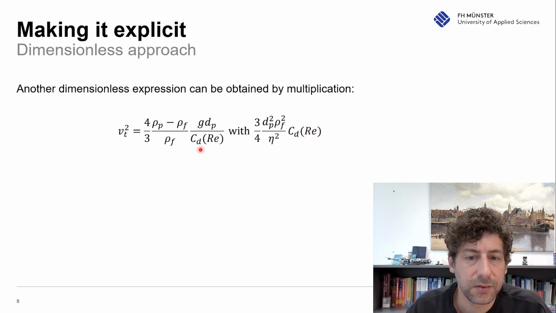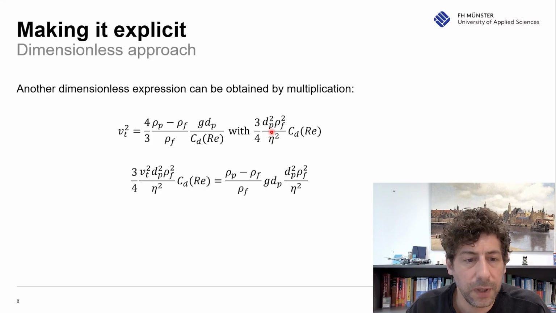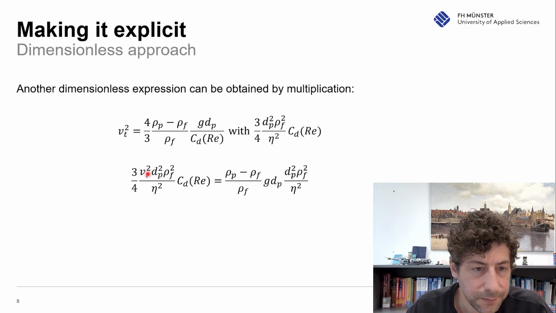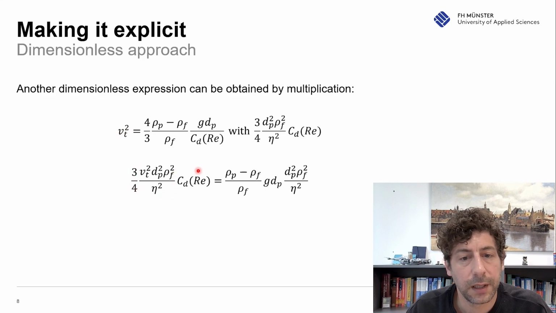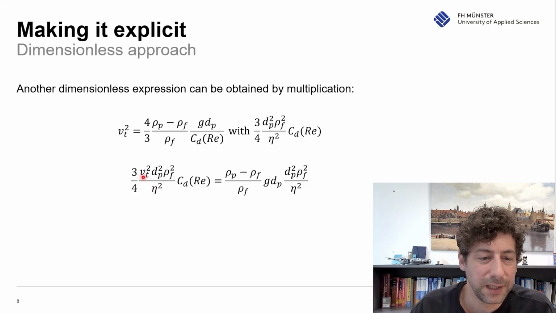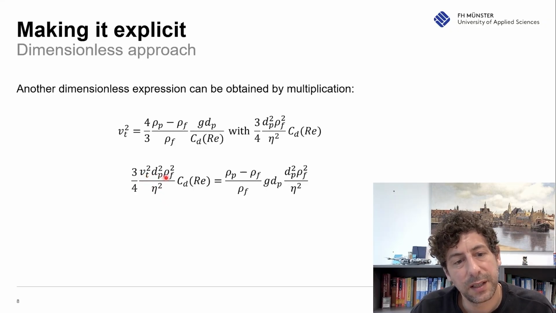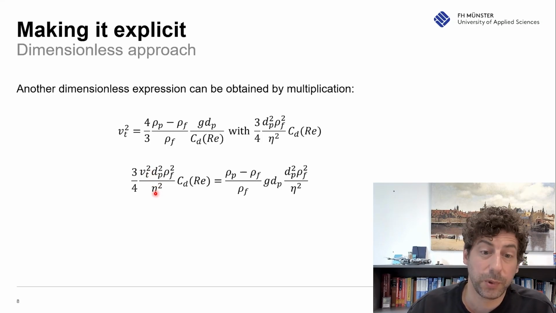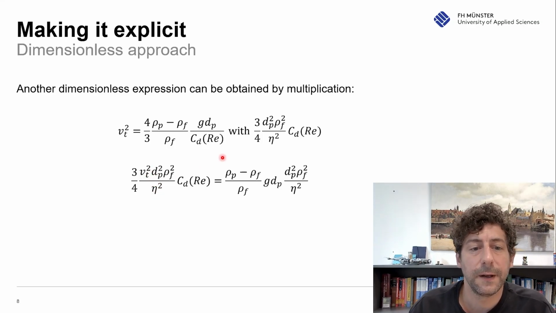So we multiply this full expression with this term, and if we do this, we have v squared, right, velocity squared, and everything from here is on this page. And now you can see, okay, this looks like 2 Reynolds numbers, right? Velocity, diameter, density divided by viscosity, the Reynolds number, everything is squared, so Reynolds number squared.